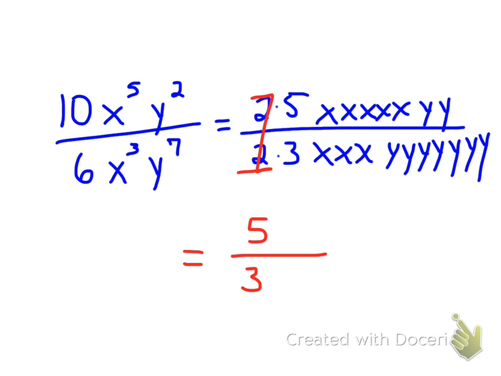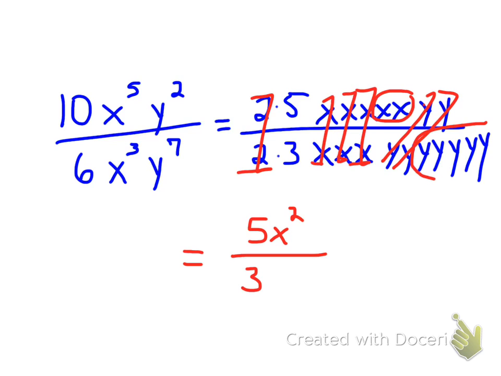Now looking at the x's, making my giant ones here, I have 2 left in the numerator, which is x squared. Looking at my y's, I have 5 left in the denominator, which is y to the 5th. And that's how you simplify that.